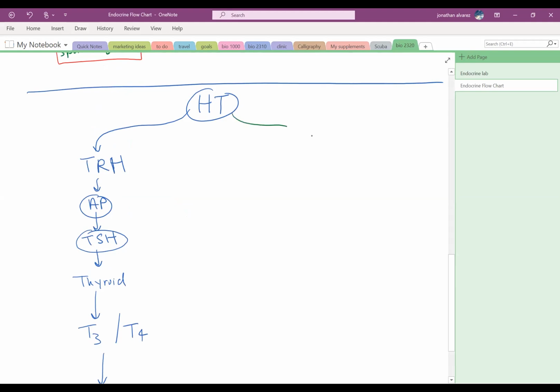Now for prolactin: the hypothalamus releases prolactin releasing hormone, which goes to the anterior pituitary and tells it to release prolactin.